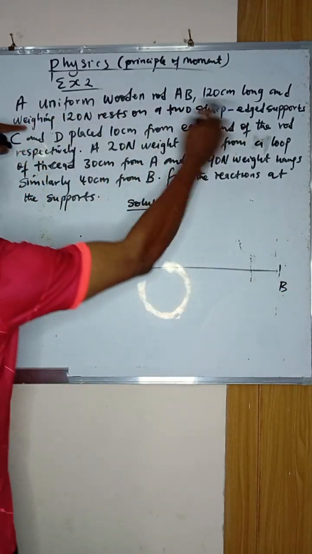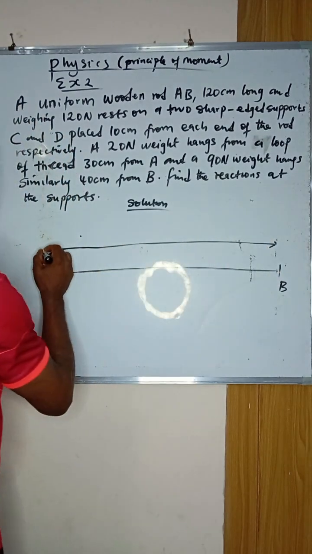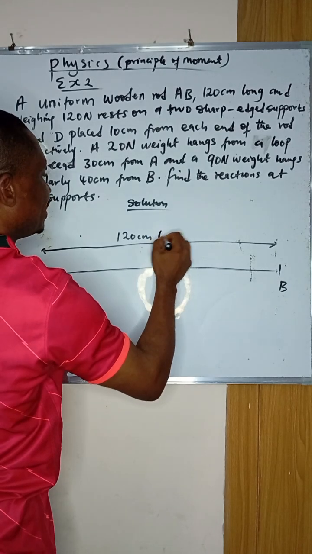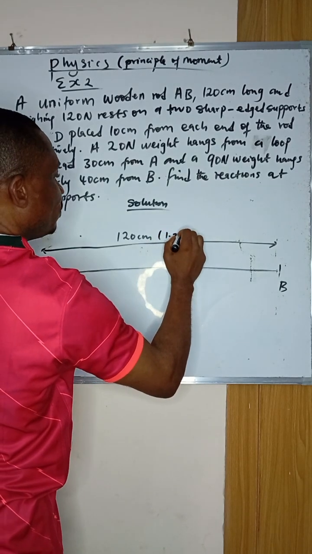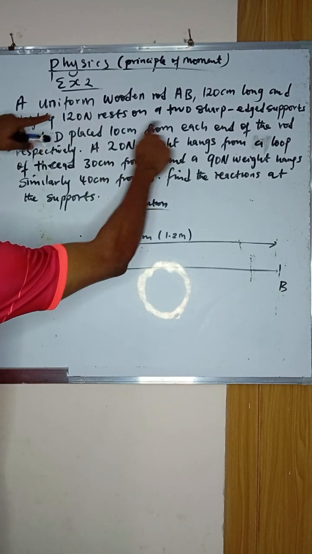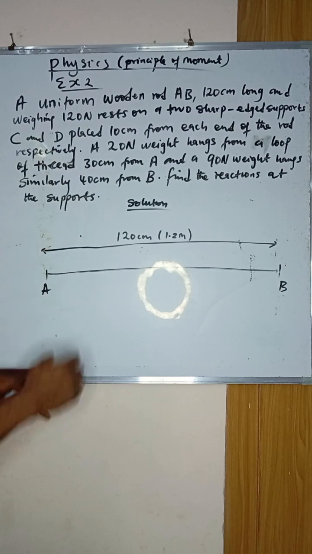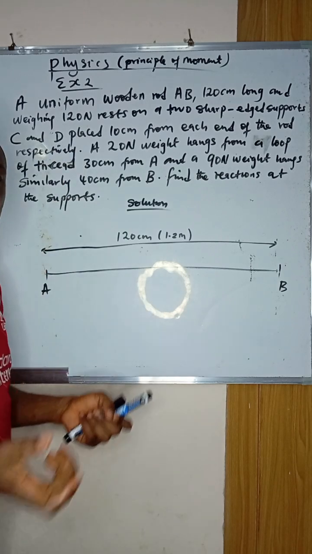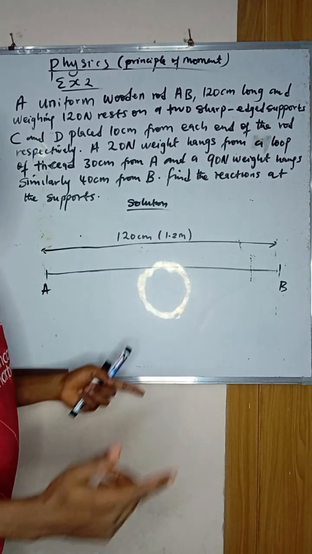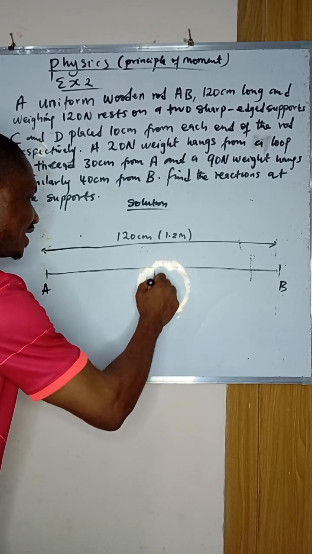According to the question, the length of it is 120 centimeters, or you can put it as 1.2 meters. The weight of it is 120 Newton. The center of gravity of a uniform rod is at the midpoint, and that is where the weight will lie.